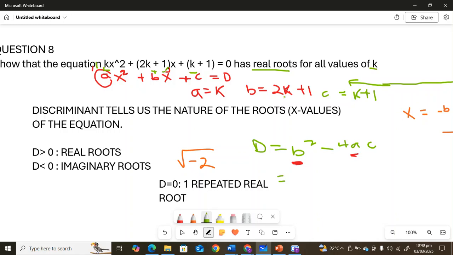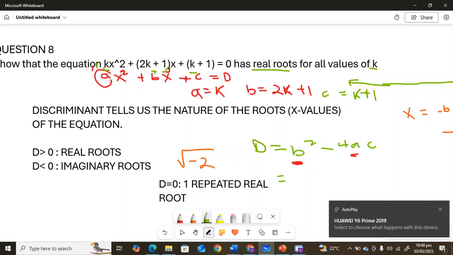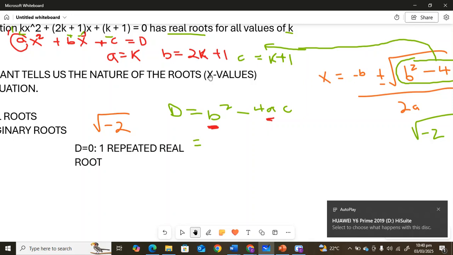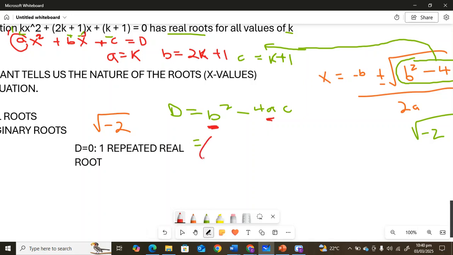So after we've done that, we just come to our discriminant formula and substitute. So B, substitute with 2k plus 1, minus 4 times, we substitute A with k.